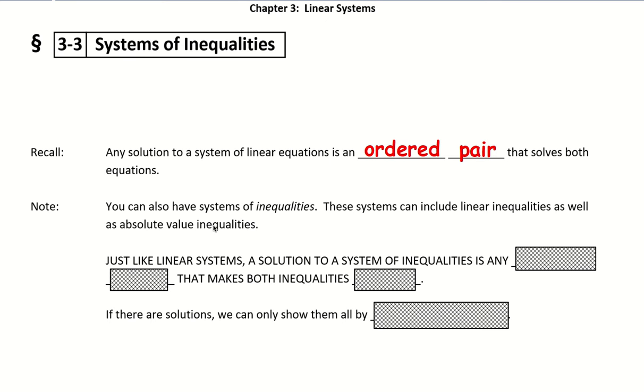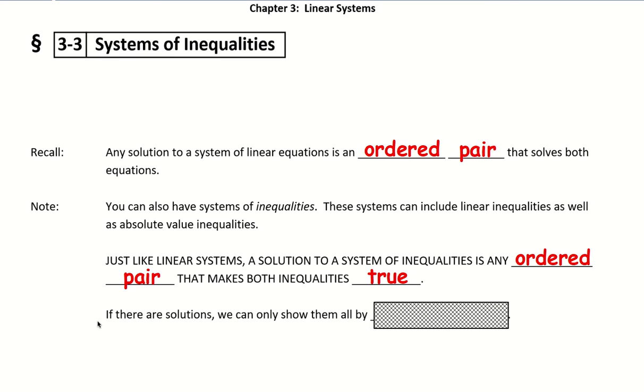So yeah, some ominous foreshadowing there of our lesson today. Absolute value inequalities. But just like linear systems, a solution to a system of inequalities is any ordered pair that makes both inequalities true.